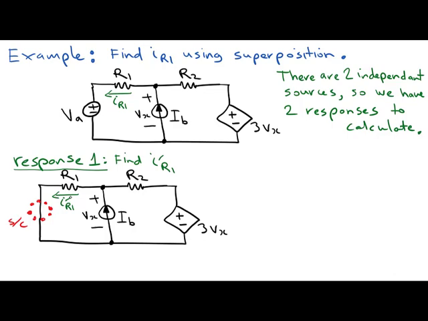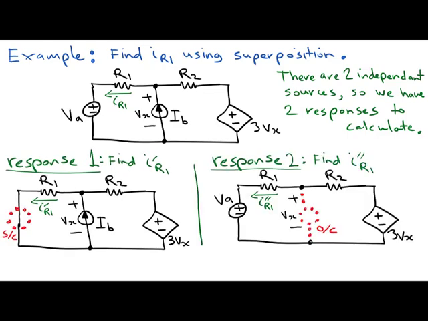And then once we calculate I prime R1, we go to the next response, and that is going to look like this. So we're going to find now I double prime R1, and this time the voltage source is active, and we've zeroed the current source. When we zero a current source, it becomes an open circuit, so it's out of the circuit.